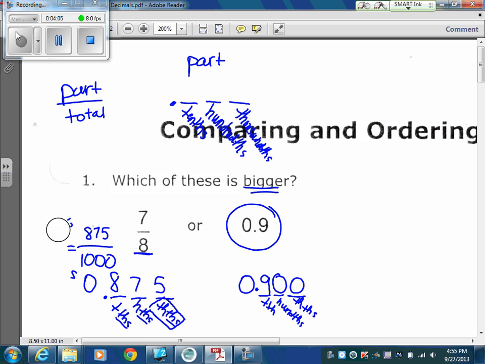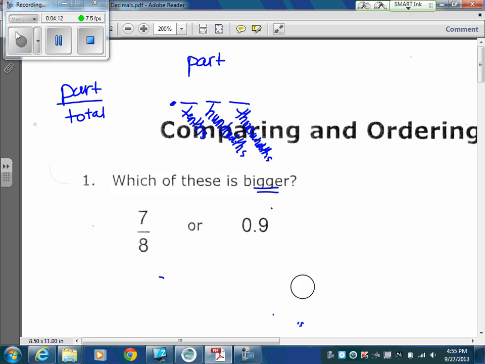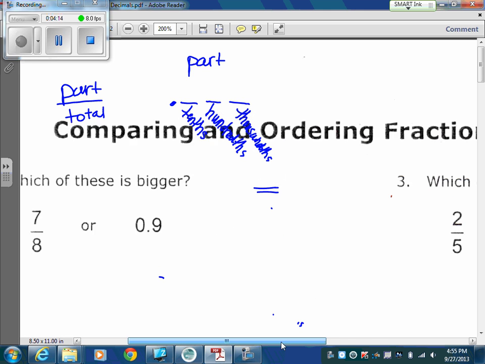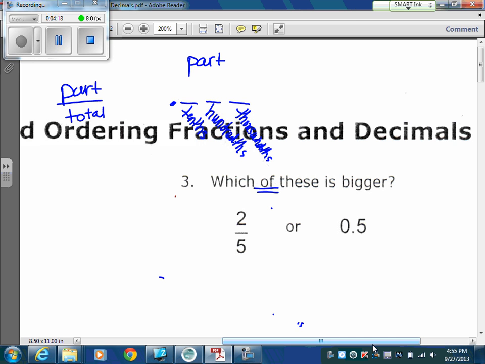Okay, so let's try another one. Which of these is bigger? Okay, so I have 2/5, or I have 5/10. This is my tenths place.